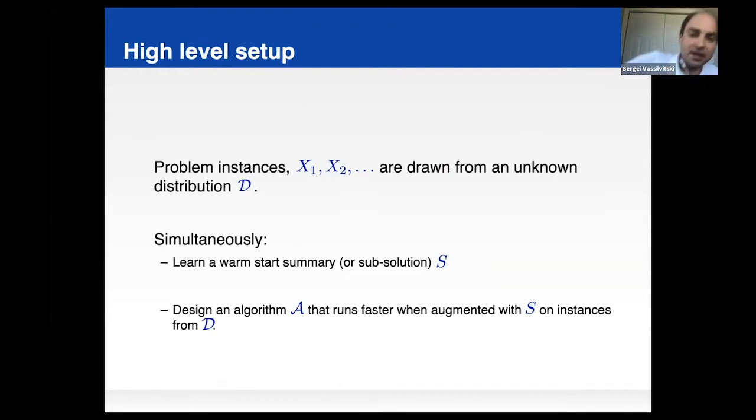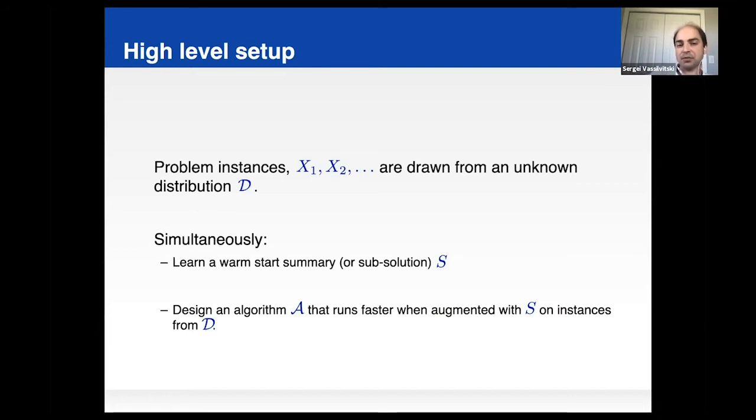So the high level setup here, just for a little bit of notation, is to say we're going to see a number of problem instances, x1, x2, and so on, that are drawn from some unknown distribution script D, right? And this allows us to say that whatever solution that we're going to have is going to generalize to future instances overall. And our goal is twofold.